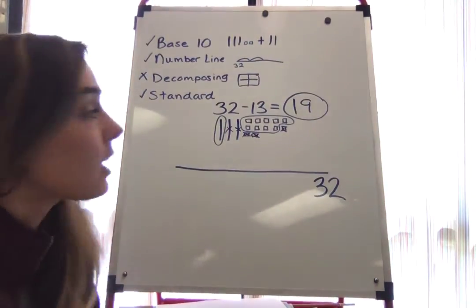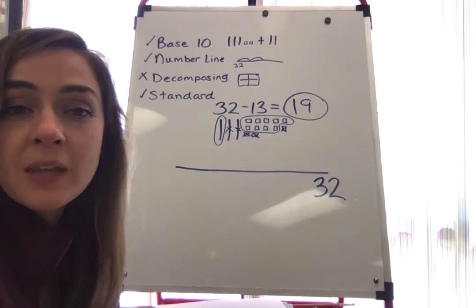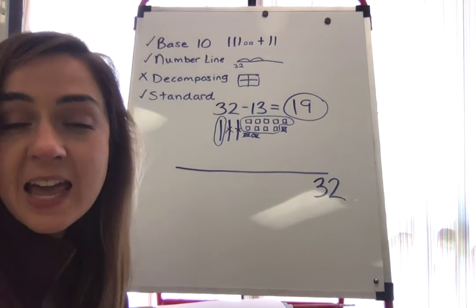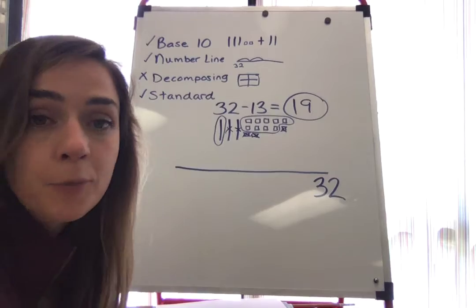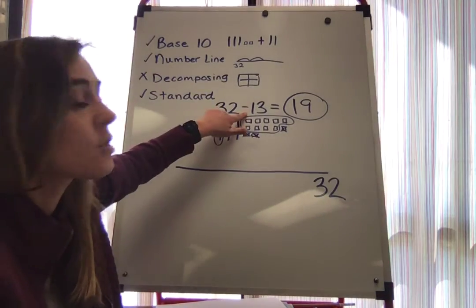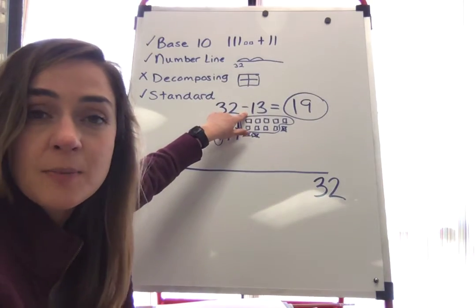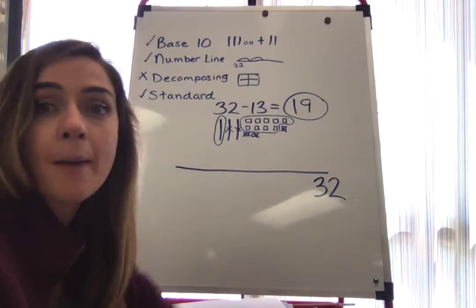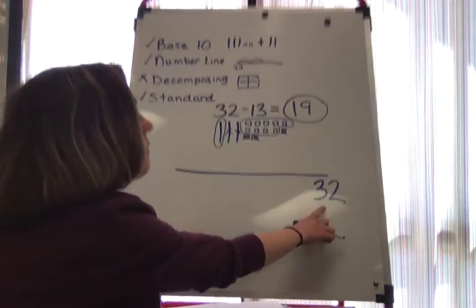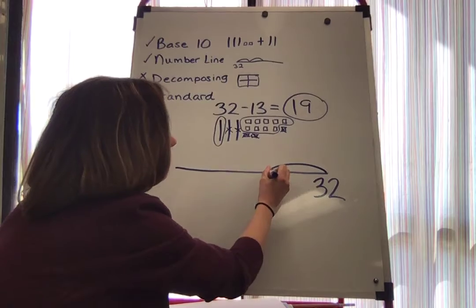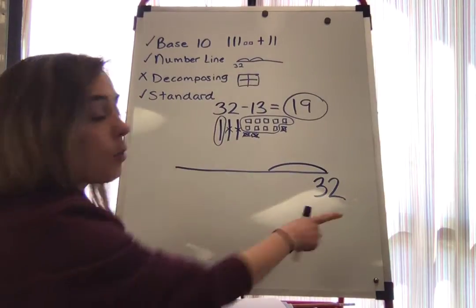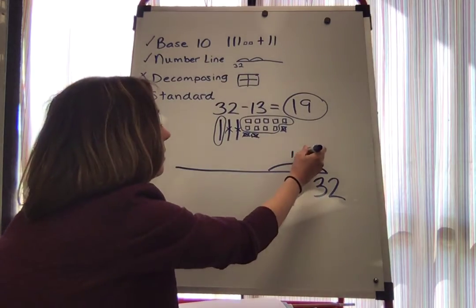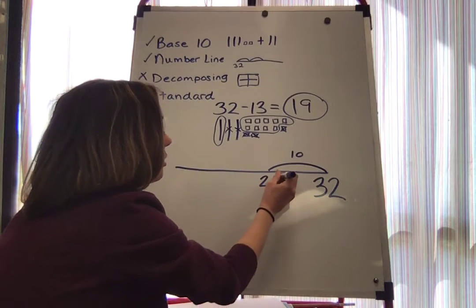Once I do that, I can look back at my other number, and that will tell me how many hops of 10 and how many hops of 1 I'm going to take. So I notice that there's a 1 in my tens place, so that tells me that I'm going to take 1 hop backwards of 10. So if I'm at 32, I'm going to take this hop of 10, and now I'm at 22.